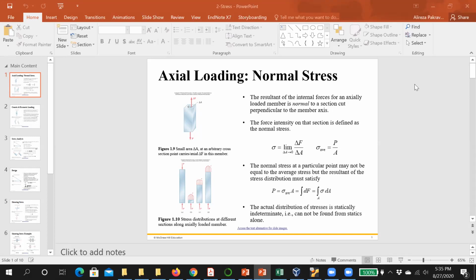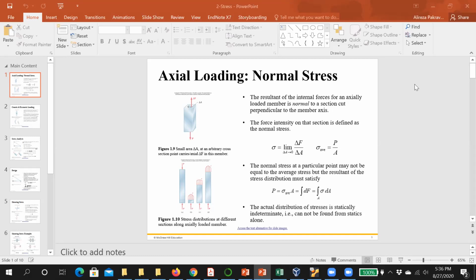Then we want to see whether this member under this force is appropriate or not. That's the purpose of this class.